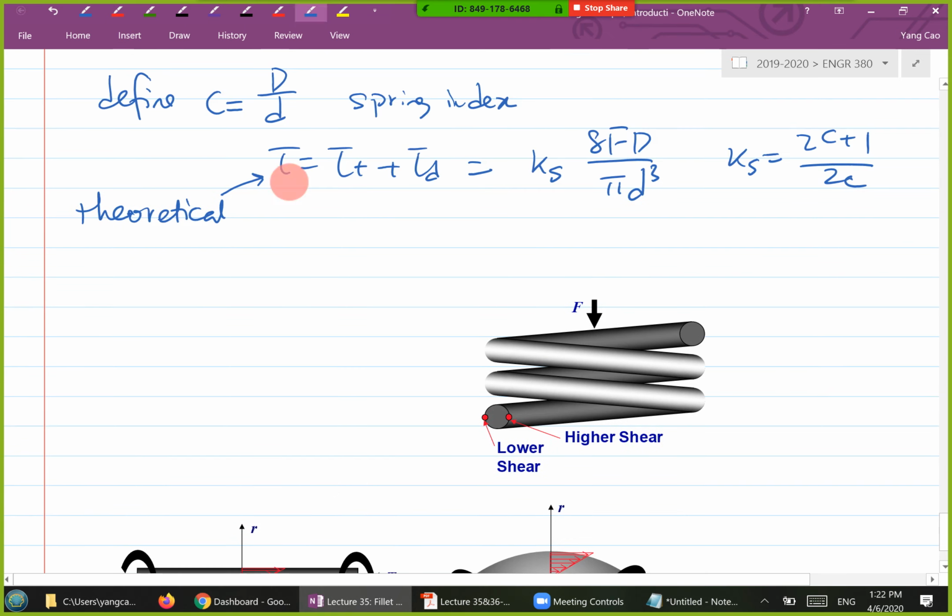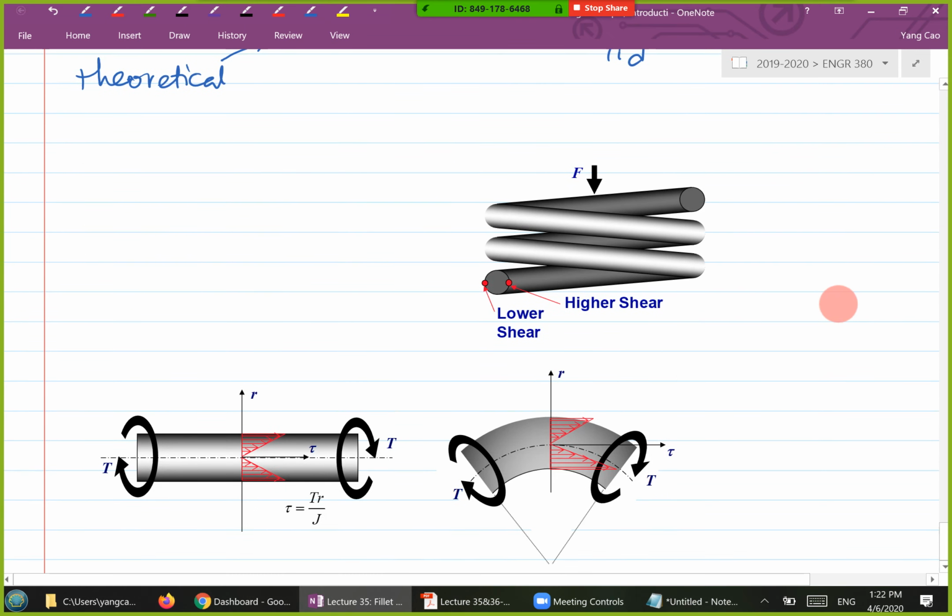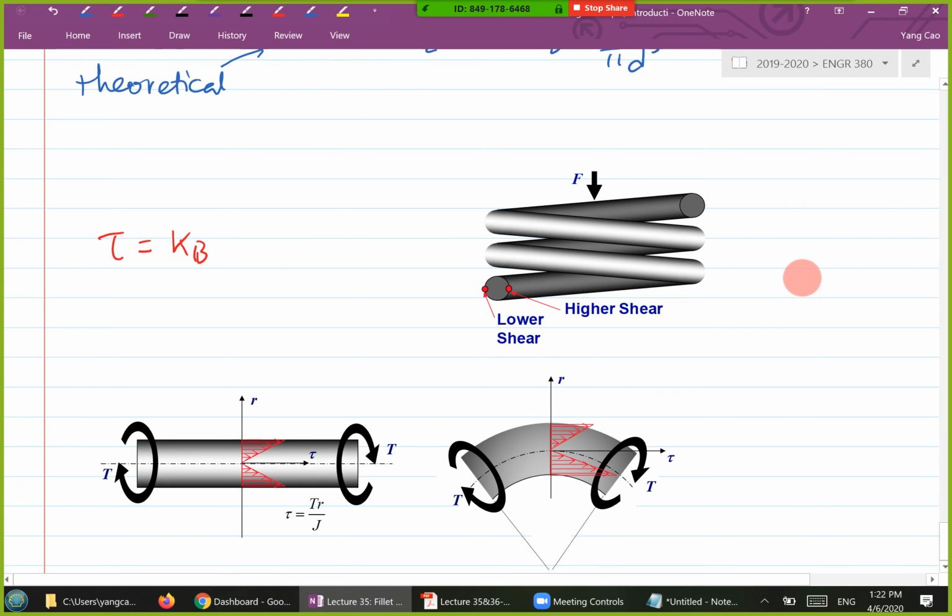So to compensate for this experimental observation, the total shear stress tau is updated by a researcher called Bergenstrasser. Instead of Ks, we use a different coefficient, Kb, and the rest is still the same.